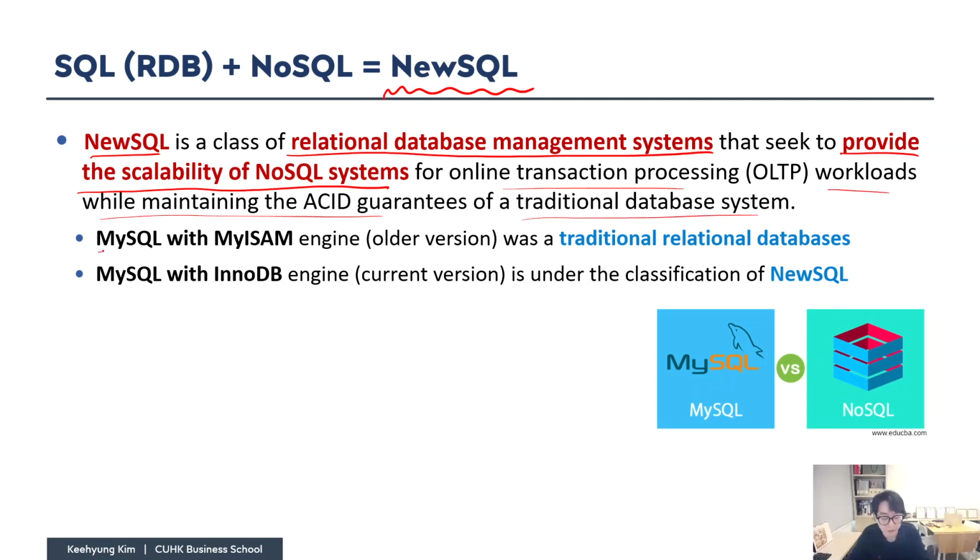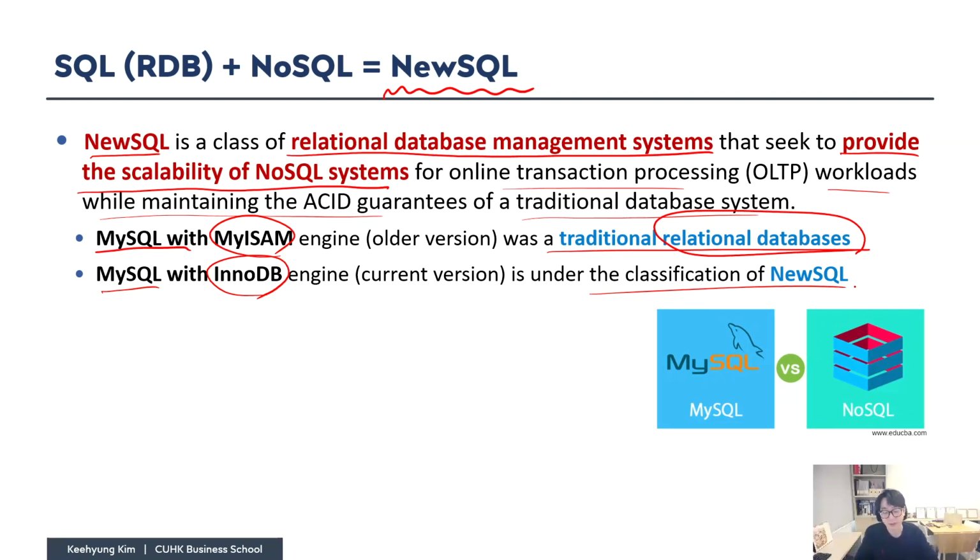Back then, MySQL used the MyISAM engine, and at that time MySQL was a traditional relational database. But now, MySQL with the new InnoDB engine is being marketed as a classification of NewSQL.